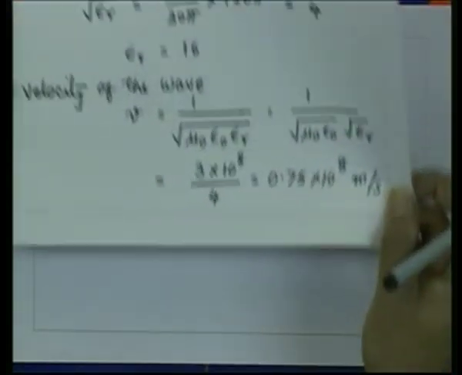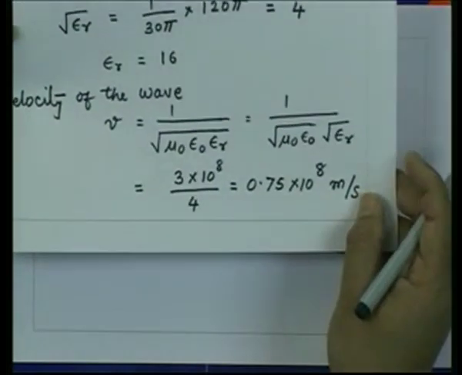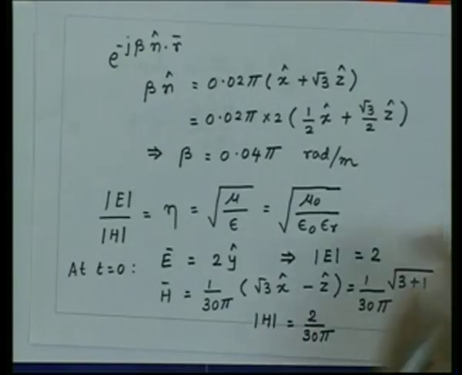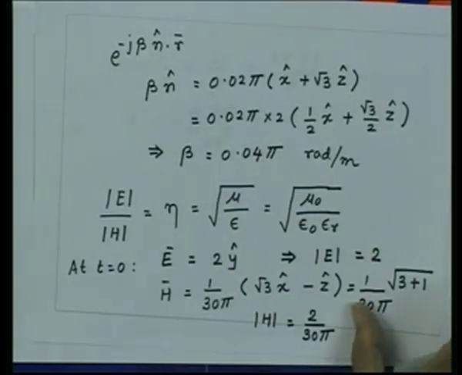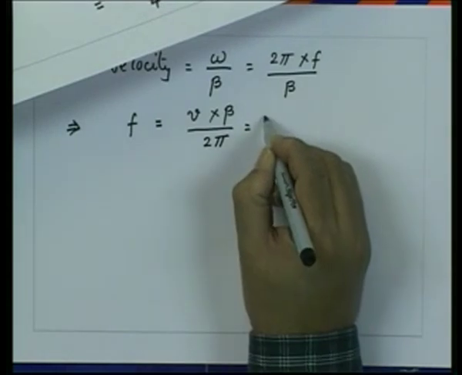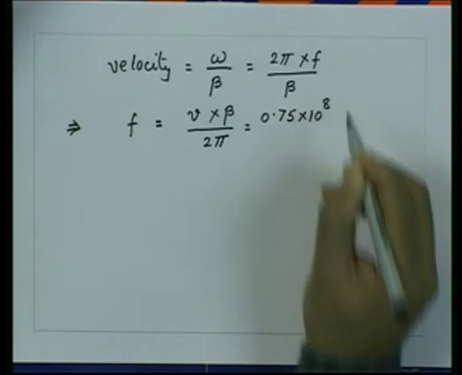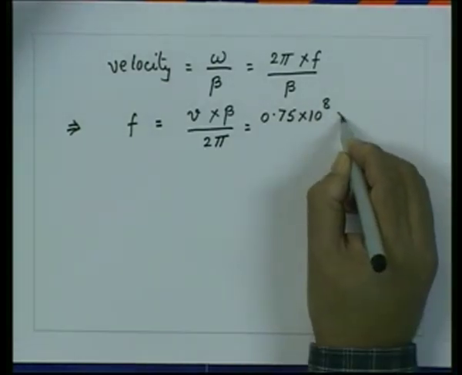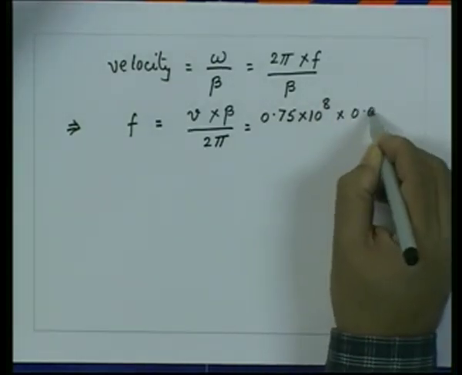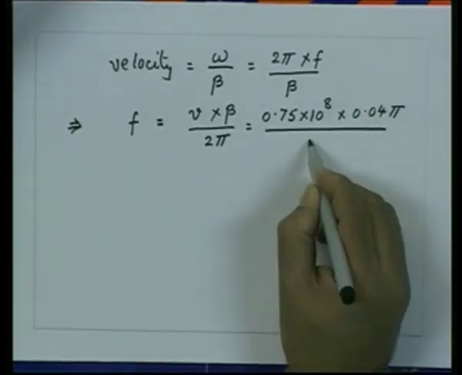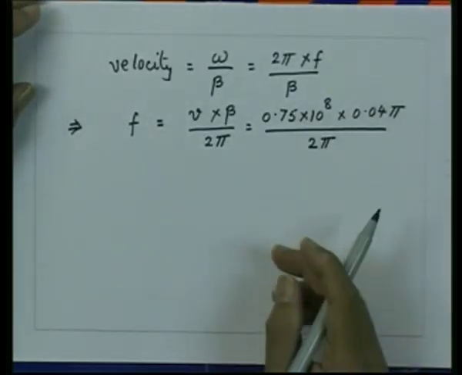We have found this velocity, which is 0.75 into 10 to the power 8 meters per second. We also have found the value of beta, which is 0.04 pi radians per meter. We can substitute this, so it is equal to 0.75 into 10 to the power 8 multiplied by beta, which is 0.04 pi, divided by 2 pi.